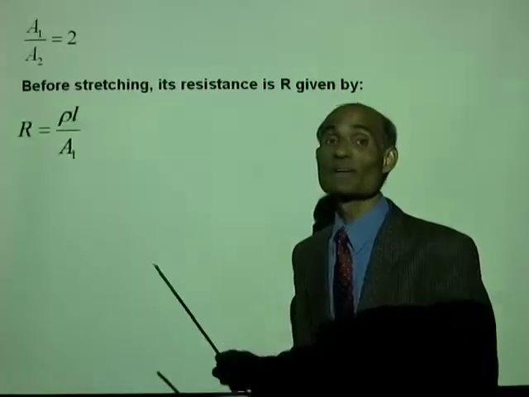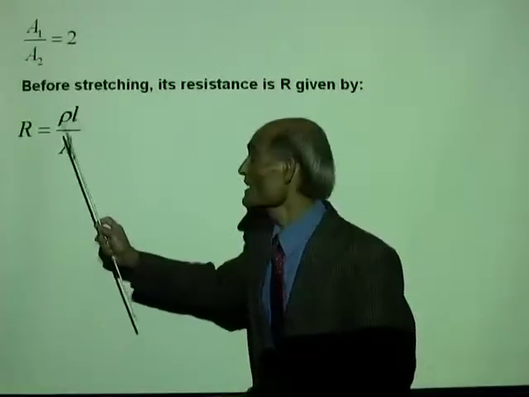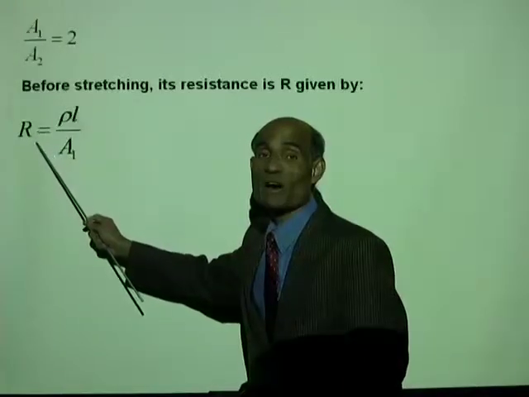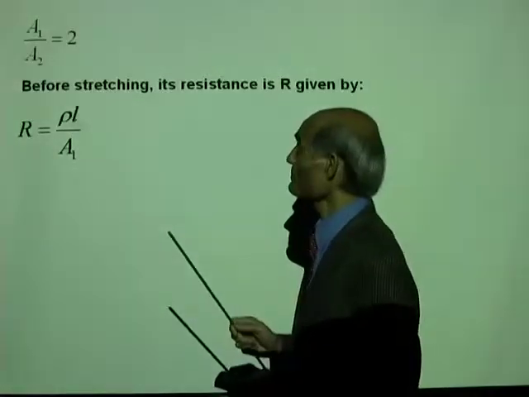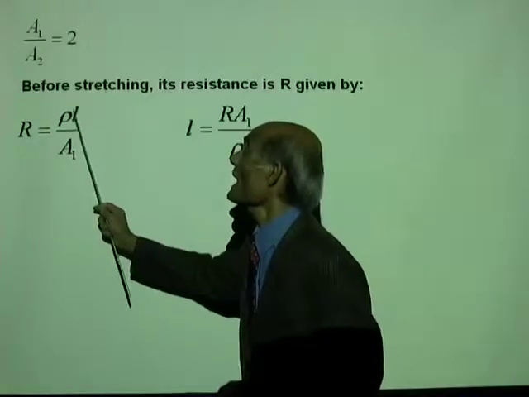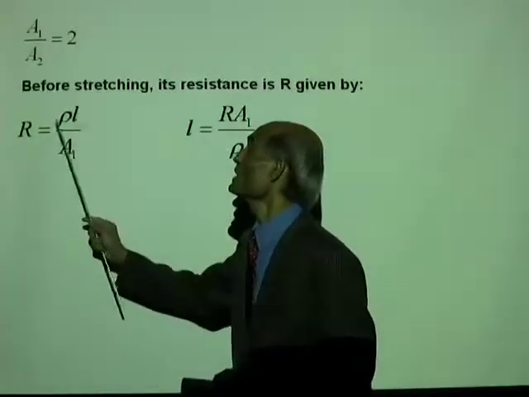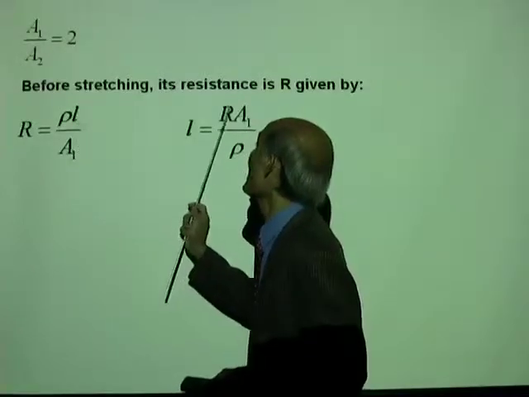Is that right? Yes. So the original resistance before stretching, R, equals rho L over A1. That means I can now solve for L from there. That is L equals R A1 divided by rho.